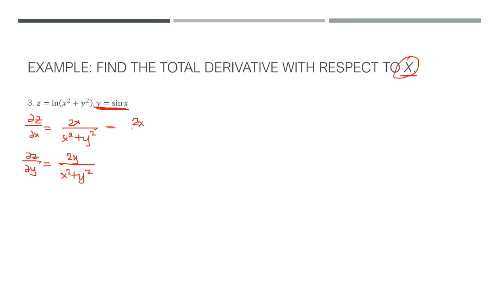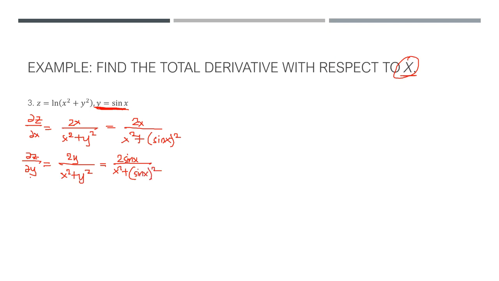So we have 2x all over x squared plus our y, which is sine x, squared. And for the partial derivative of z with respect to y, we have 2 sine x all over x squared plus sine x squared.